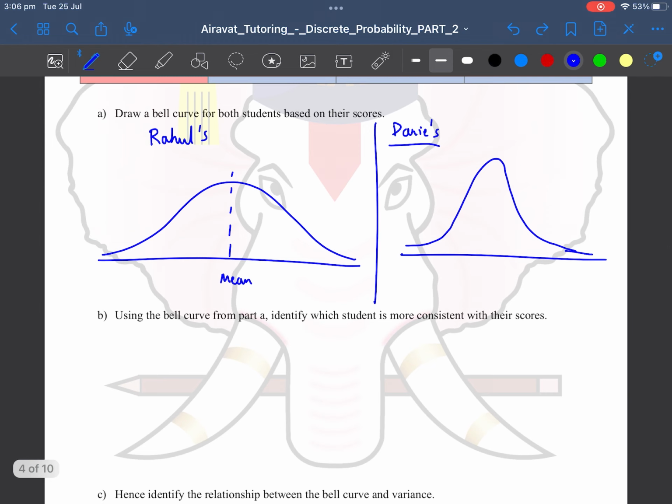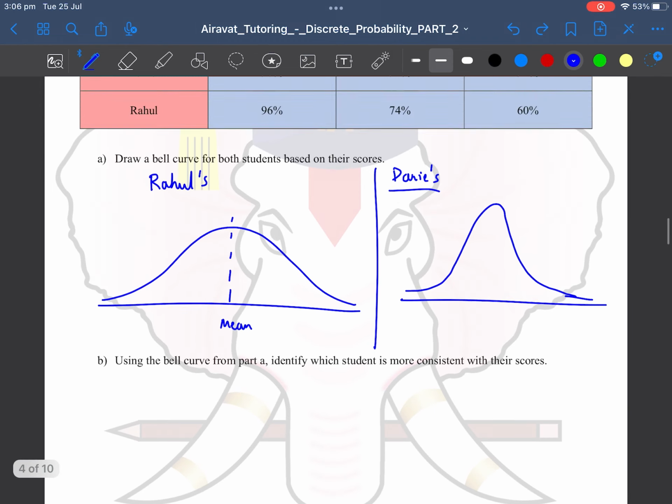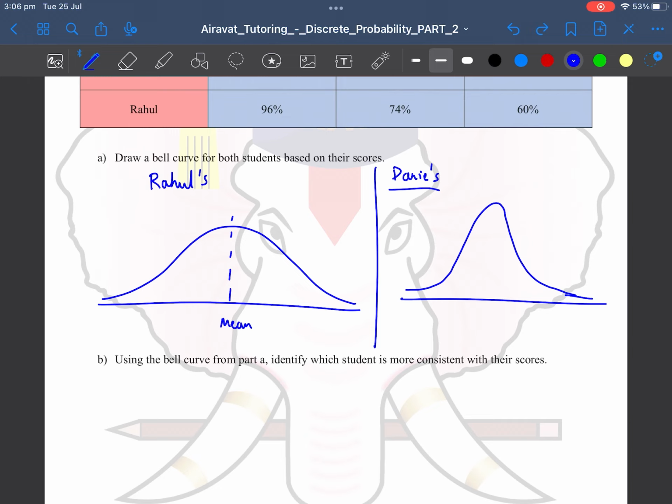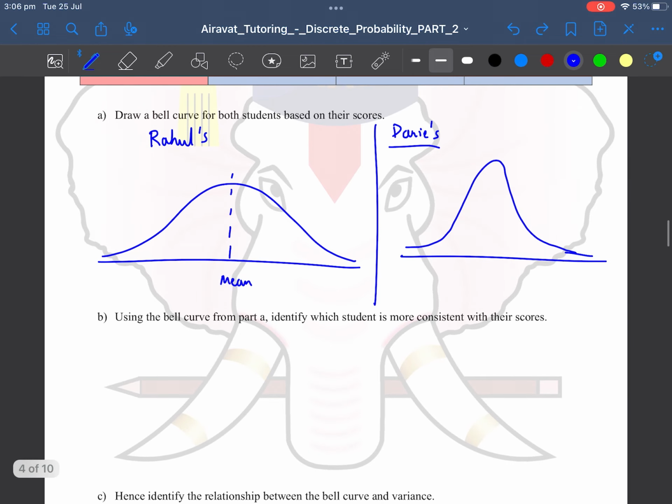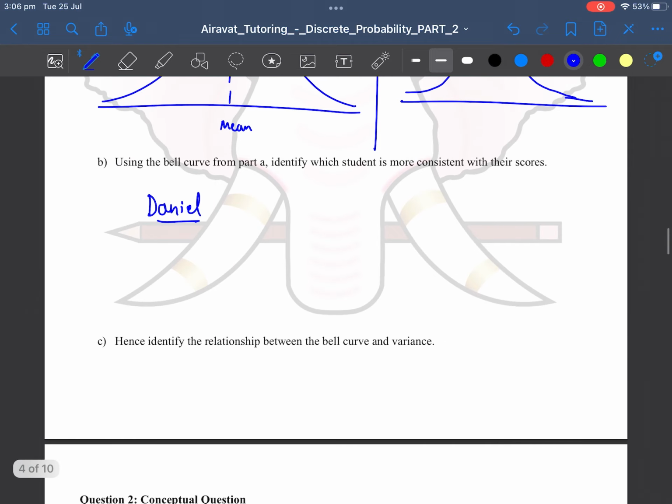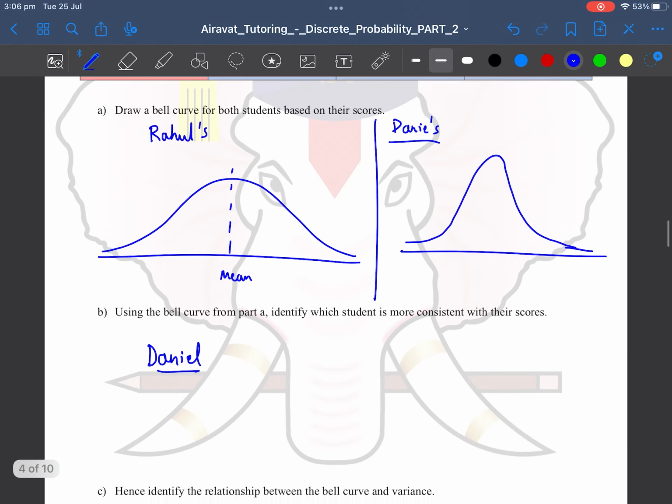Now, using the bell curve from part A, identify which student is more consistent. Obviously Daniel is a bit more consistent than Rahul, so the answer is Daniel. Hence, identify the relationship between bell curve and the variance.